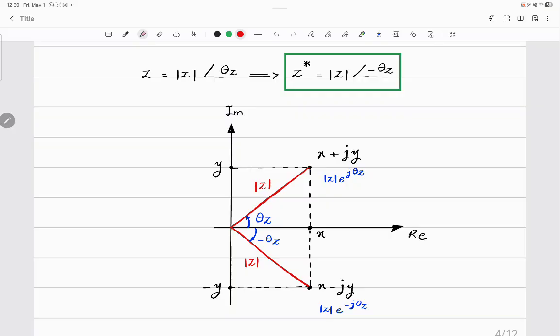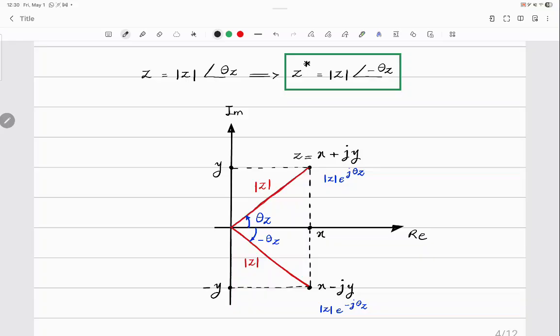For example, look at Z. This is Z. It's some x plus jy. Now, if you look at the mirrored version, do you agree that x is x? Both of them have the same horizontal distance.